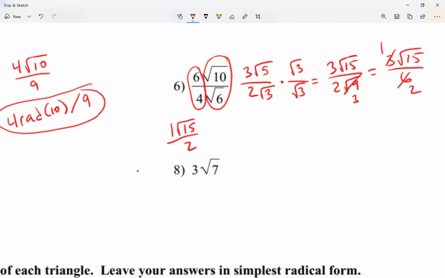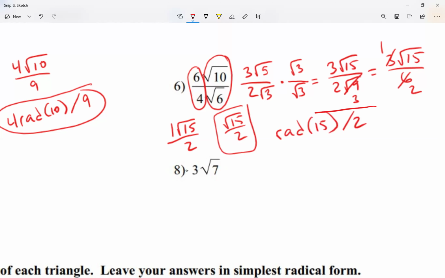So radical 15 over 2 is the same thing. Now we had to type it, right? Okay. So I'm going to choose this to be my answer, radical 15 over 2. And the way I'm going to type that, I'm going to go radical 15 over 2. Now, if you do write 1 radical 15 over 2, you're fine.